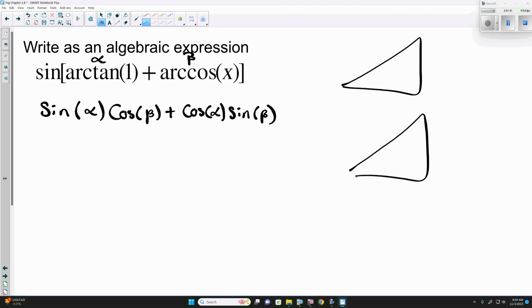And tangent is opposite over adjacent. We'll say this is our alpha. So tangent of this is the opposite side, which is 1, over the adjacent side, well, it didn't give us a denominator specifically, but the denominator is also understood to be 1. Because when the denominator is not given, it's understood to be 1.